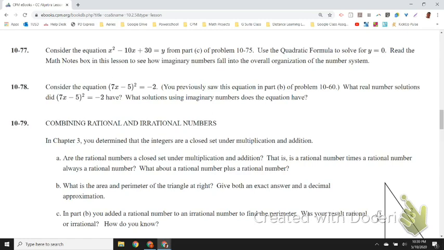And we've seen this problem in the past in 10-60. What solutions does this have? So if we're going to solve this equation, you already know what to do, right? We're going to square root both sides. What's going to happen when we square root this? So again, do your best, pause the video, come back when you're done, and solve this problem.